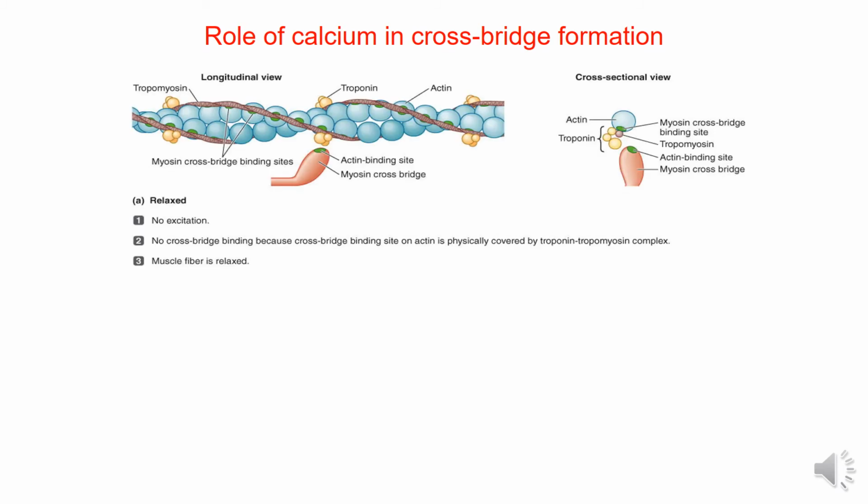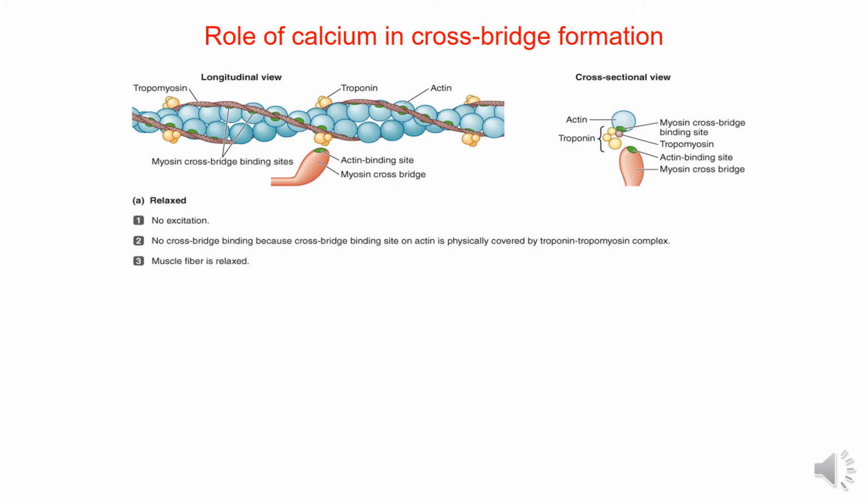Role of calcium in cross-bridge cycling or cross-bridge formation. We mentioned calcium is stored in the sarcoplasmic reticulum. On release of the calcium, calcium is going to bind with what? With the troponin C. We have here the head of myosin, and the head of myosin would like to bind with the actin binding sites.